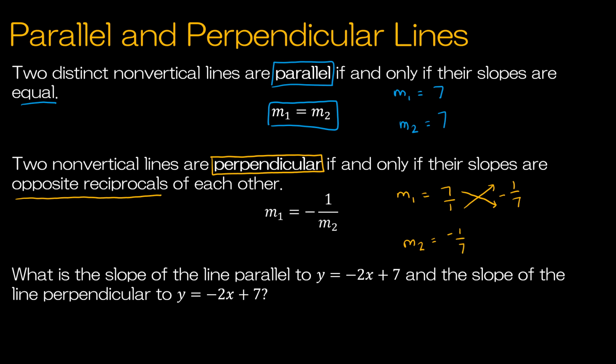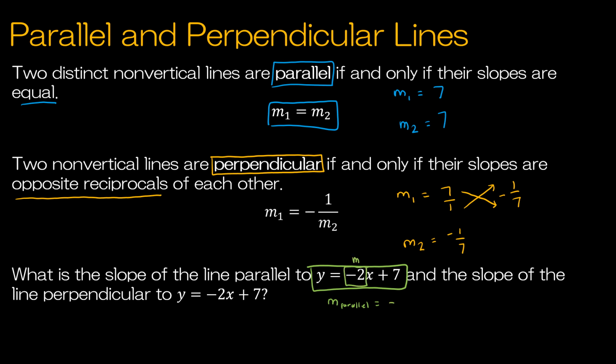So let's do another example before we go into actually writing the full equation. For our example, we have a line, and we want the slope of the line parallel to y equals negative 2x plus 7, and the line perpendicular to that same line. So if I'm trying to find the slope of the parallel line, this slope, as we can see, is negative 2.